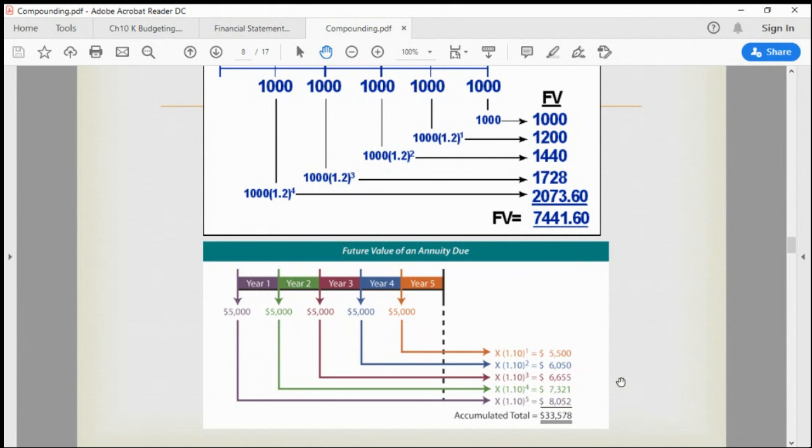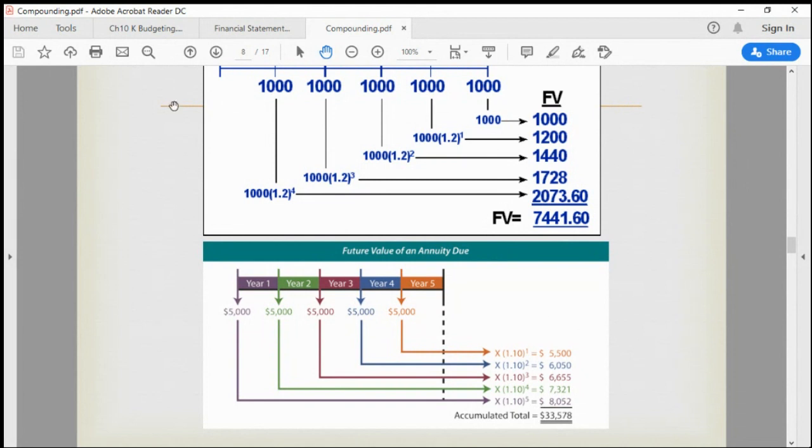So the calculation of the total amount, the future value, is simply the same. You find the future values and sum them up, and in this case, it comes to this. Now, you might wonder, if it was the same scenario, but annuity due instead of ordinary annuity, how much would be the difference in the future value?